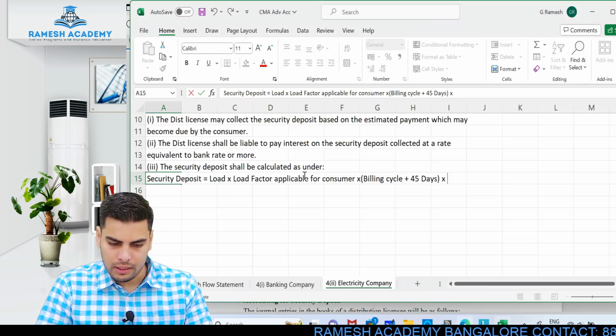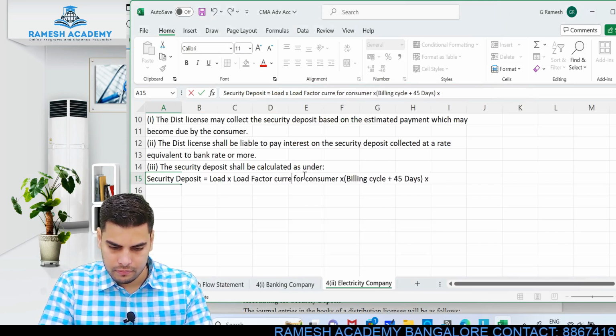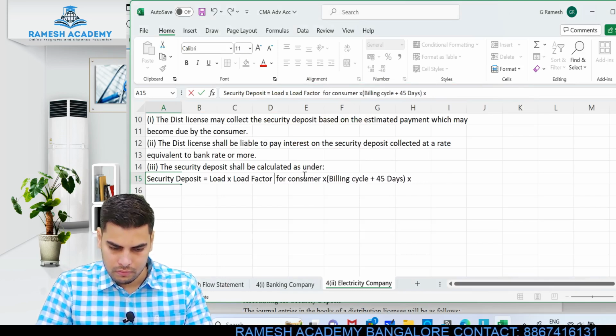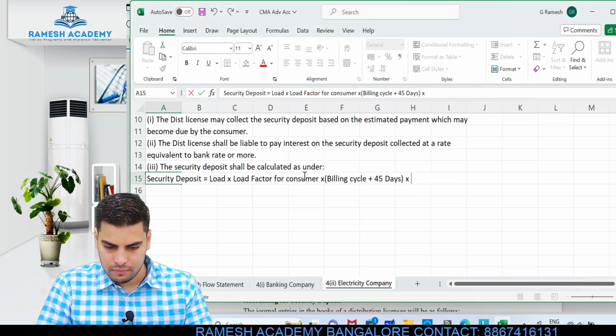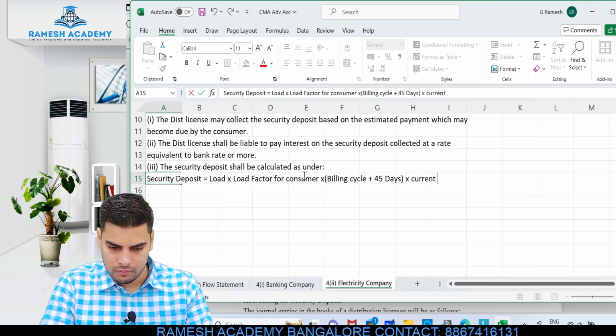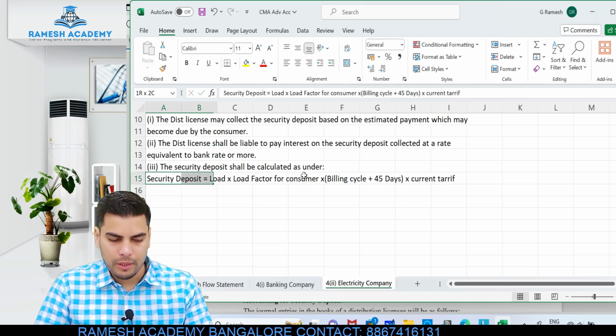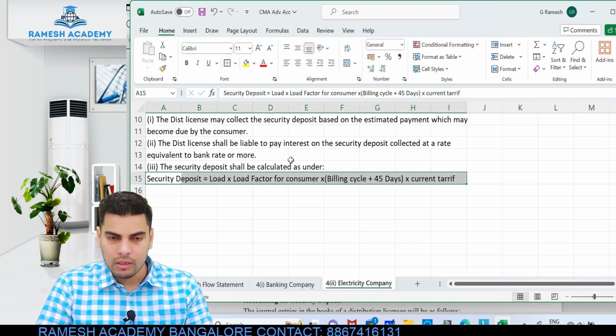Okay, so whatever is the current tariff. This would be the formula to calculate this particular security deposit.